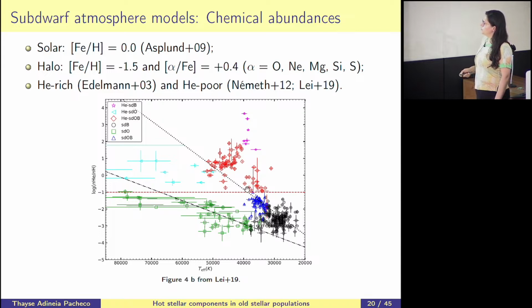These colored points are observed subdwarfs, and they have these two lines, two fits, representing the helium-poor abundance and the helium-rich abundance. So I chose the helium abundance as a function of effective temperature.